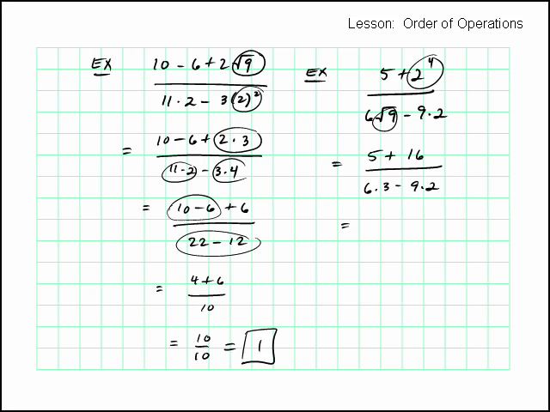The next step would be the multiplication in the denominator. 6 times 3 is 18, minus an 18. And it appears that we're going to have 21 over 0. And as we've talked about in a previous lesson, you can't divide by 0, undefined. This expression, we would say, is undefined. It has no answer.